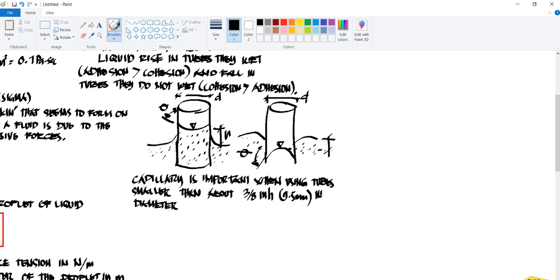To get the value of h, the equation is h equals 4 times sigma times the cosine of theta divided by the specific weight of your fluid times the diameter. This is the equation to determine the height of that capillary action.